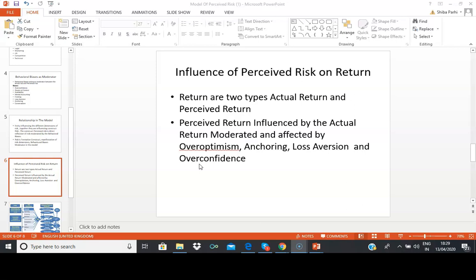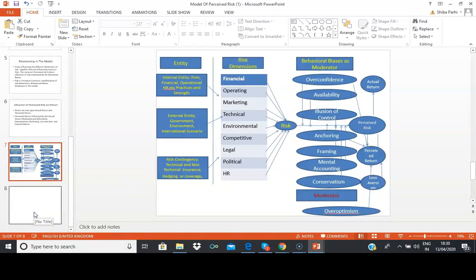So let us see how the researcher is connecting all these variables to design a desired research model. So we'll see here, if all of us can see here, the researcher has put the different components of entity: the internal, external, and the risk contingency.